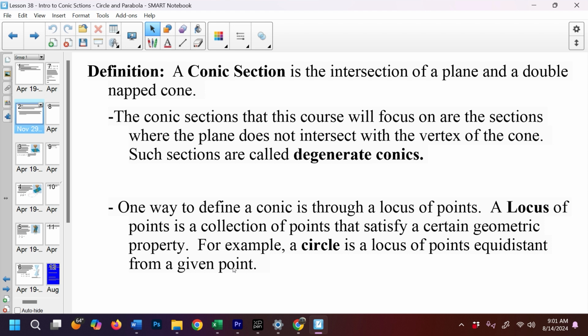You put the point on your paper, that is the given point, and then when you run the pencil around that given point, all of the points that the pencil makes is the locus, the collection of all of the points that have the same distance away from that center point.